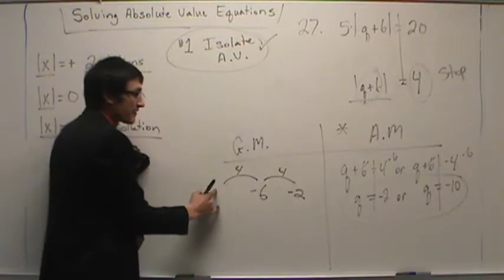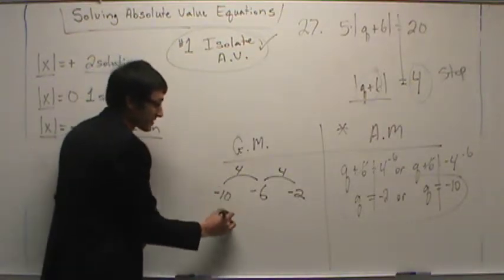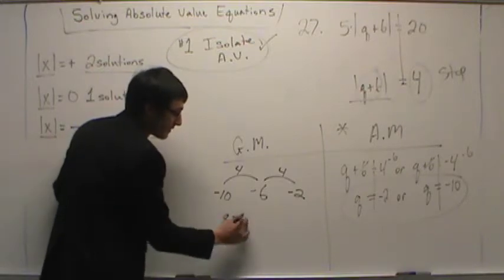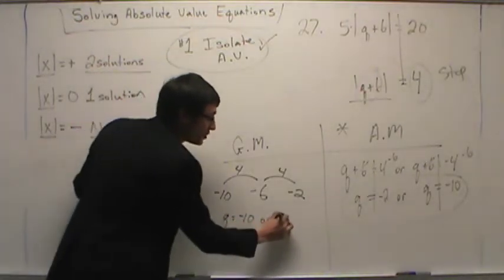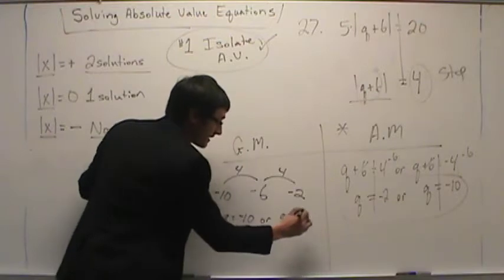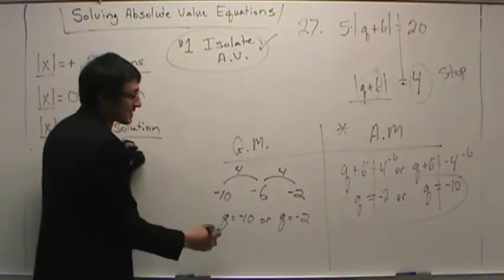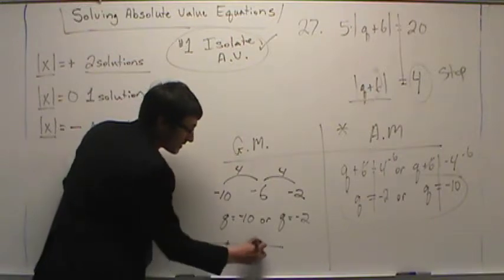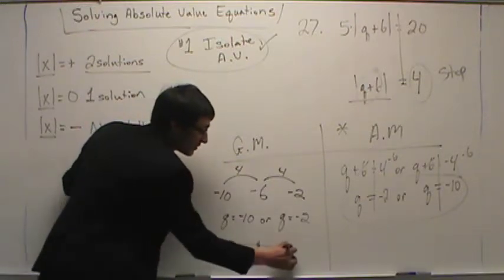Negative 6 subtract 4 is negative 10. So we get Q as our variable. Q equals negative 10, or Q equals negative 2. And again, lastly, answers on the number line. Solutions are negative 10, negative 2, and this is the Q axis.